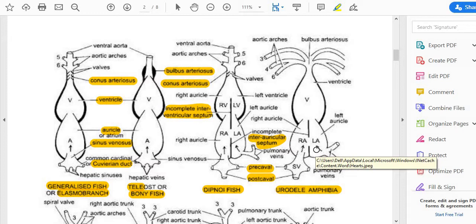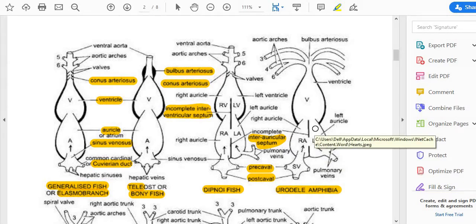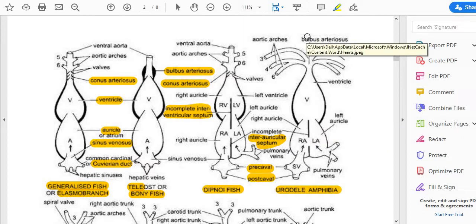So always the left auricle receives oxygenated blood. Here blood is received inside the left auricle through pulmonary veins. From the left auricle the blood pours inside the ventricle, and then through the aorta it is supplied to the other parts of the body.